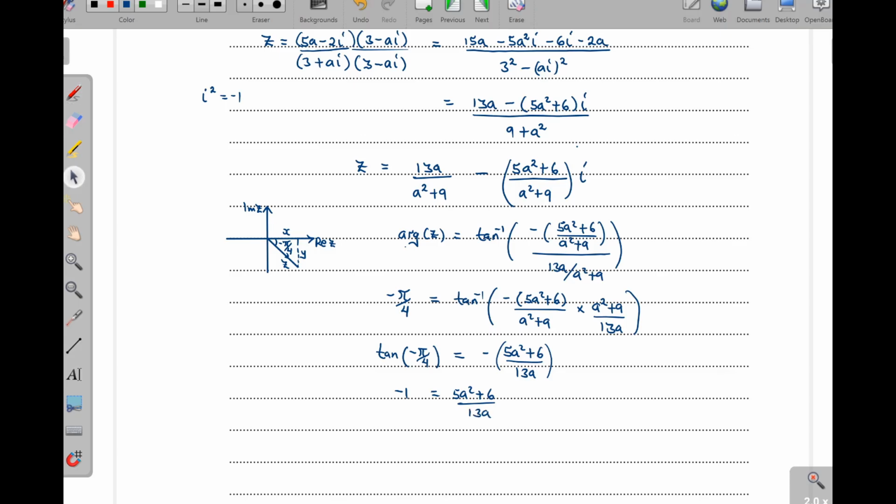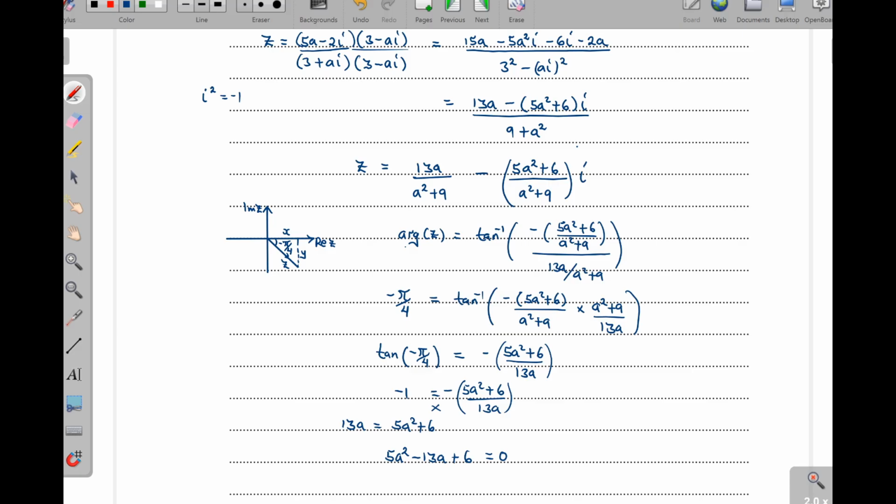So there is also a negative here, which cancels. Not so? There's a negative here, but it is going to cancel with this one here. So meaning when we cross multiply, we can have 13a, which is equal to 5a squared plus 6. Then take this on this side to form a quadratic in a. We shall have 5a squared minus 13a plus 6, which is equal to 0.